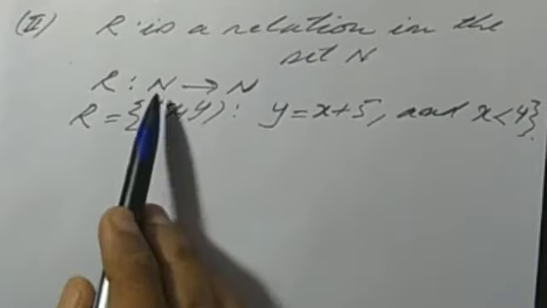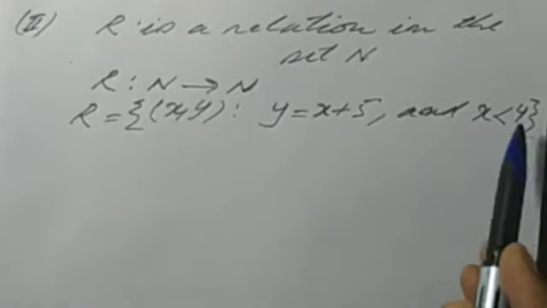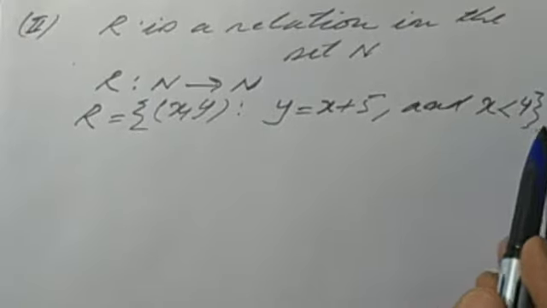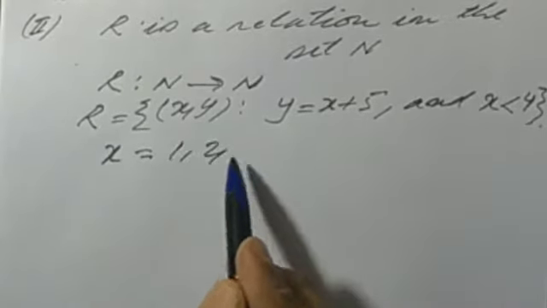So x belongs to the domain, that is natural numbers, and x is less than 4. That means x can have any natural number value less than 4, so we may write it as 1, 2, 3. These are three possible values. The relation is y equal to x plus 5.